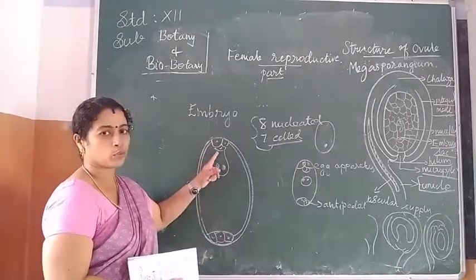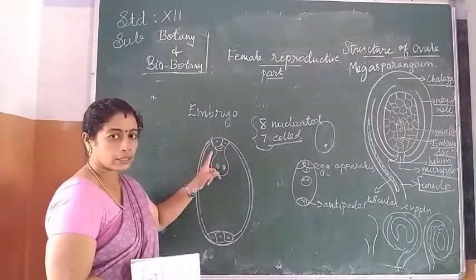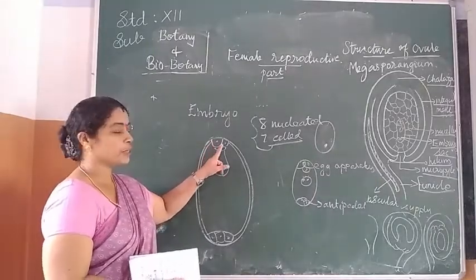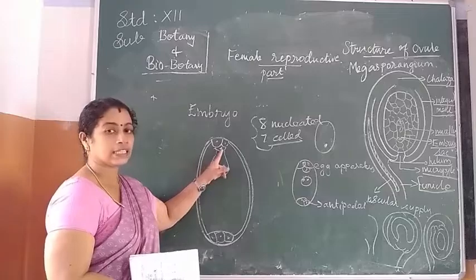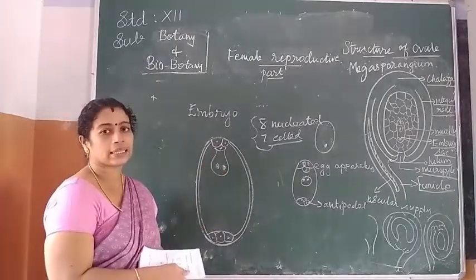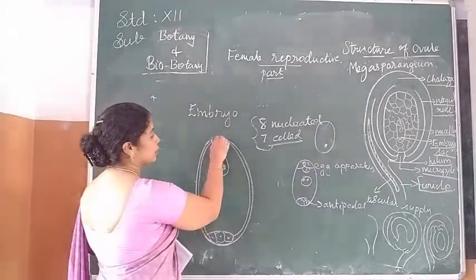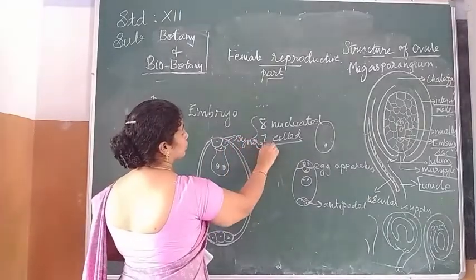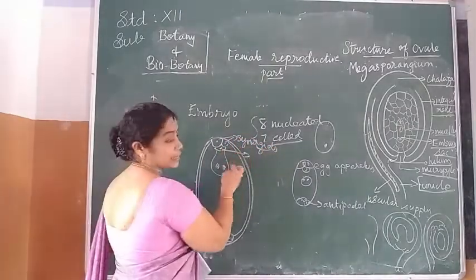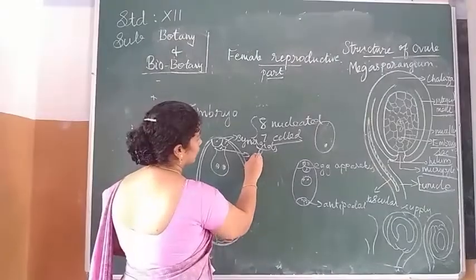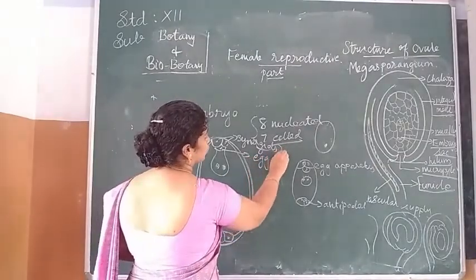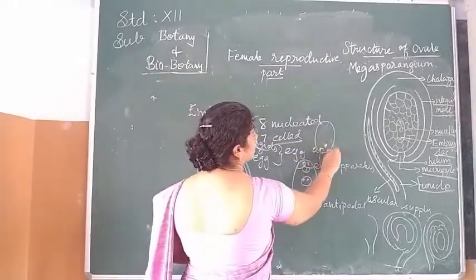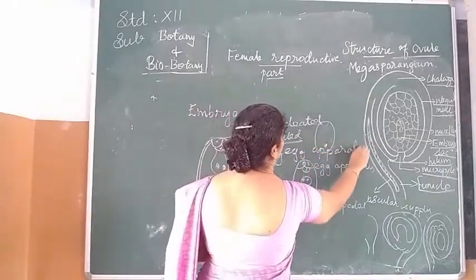3 of them will move towards the micropylar end. Among these 3, 2 will form the synergids and 1 will act as the egg. So these 3 together form the egg apparatus.